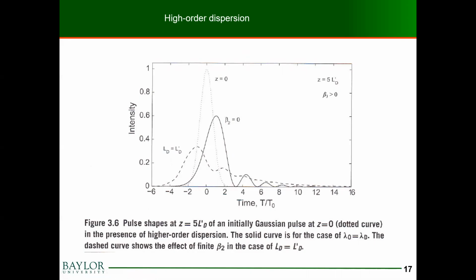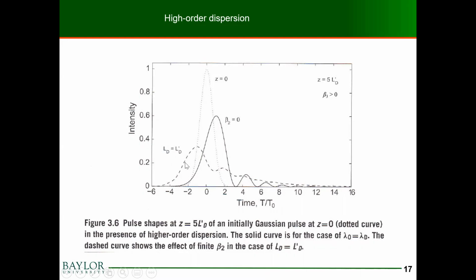On the other hand, if we make the impact of the second order and third order the same, LD equals LD prime, that means the impact of the second order and the third order are relatively the same. Then we will see some oscillation, but we will also see some broadening.